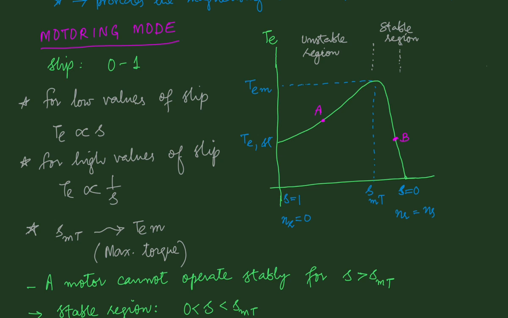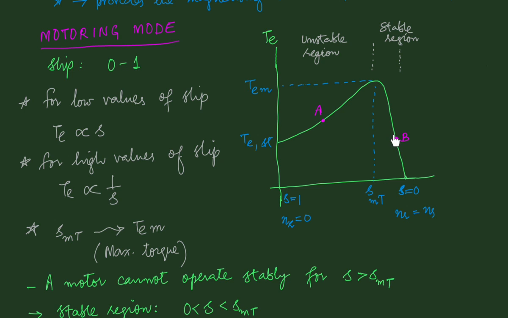Now, if we consider the motor to be operating in this region, say for example at point B in equilibrium, it means that the developed torque will be equal to the load torque at a particular speed. Now, if there is a small increment of load torque, the initial response will be a decrease in speed, and therefore the operating point will have to shift towards left.